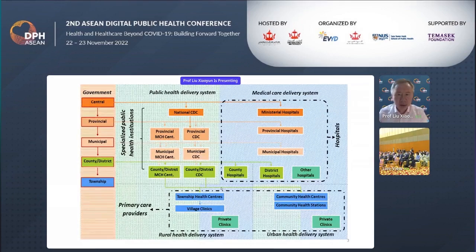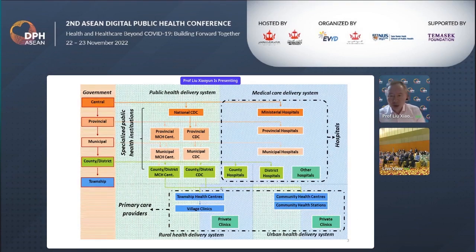The upper right side is the medical care delivery system with different types of hospitals. Within this group, we have four levels of hospitals, from national level, provincial level, municipal level, and county or district level. Within this hospital system, we have Western medicine hospitals and traditional Chinese medicine hospitals.